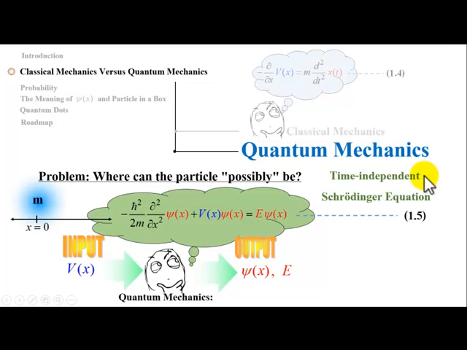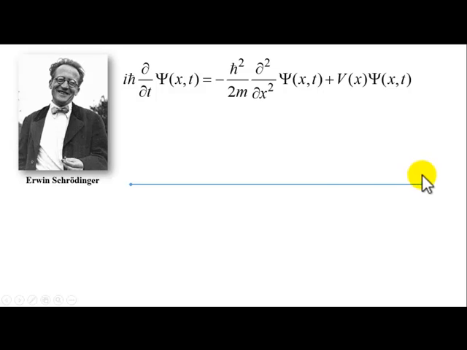The fact that equation 1.5 cannot say anything about the time of the system may seem rather unfortunate and limited. The reason is that equation 1.5 is only the simplified version of the Schrödinger equation, proposed by Erwin Schrödinger, an Austrian physicist who received a Nobel Prize in 1933.